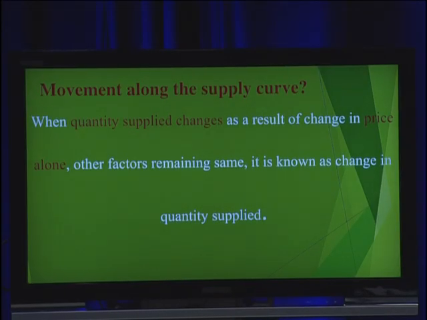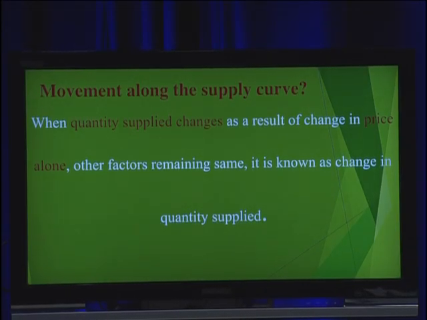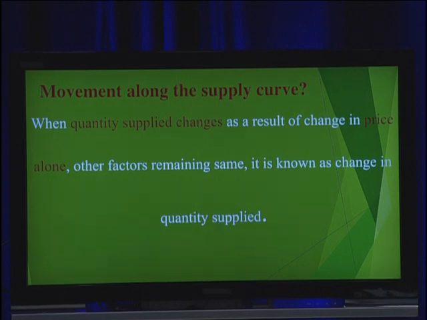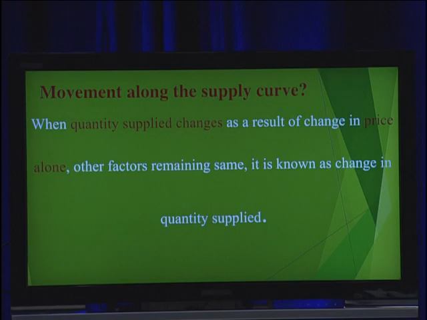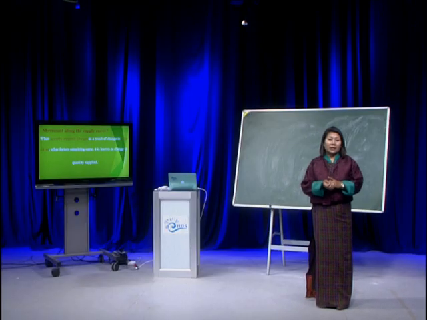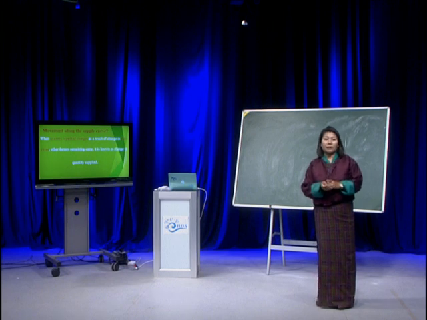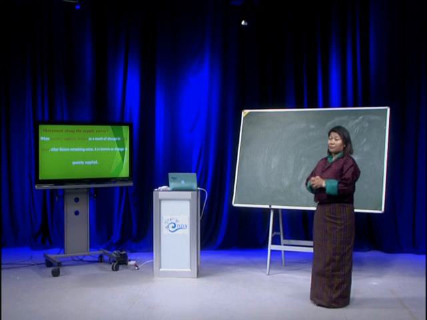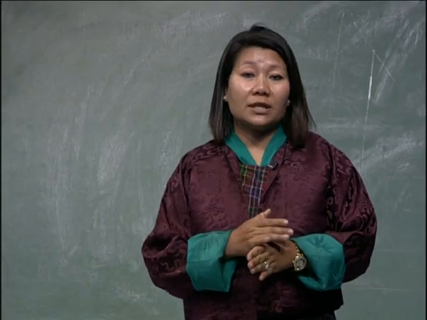When quantity supply changes as a result of change in price alone, because if you remember, in the determinants of factors affecting supply, there were many factors, and in our lesson that we presented earlier, we learned about 5 different factors. From the 5 different factors, price was one of the key factors.